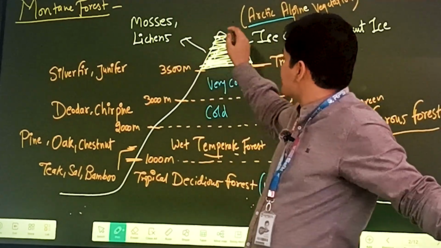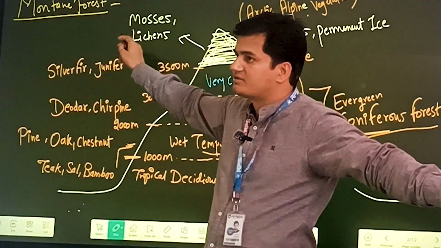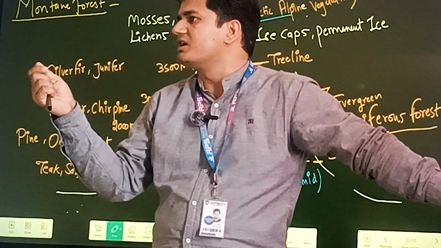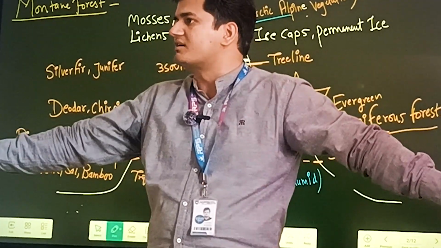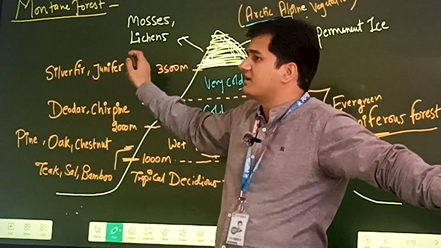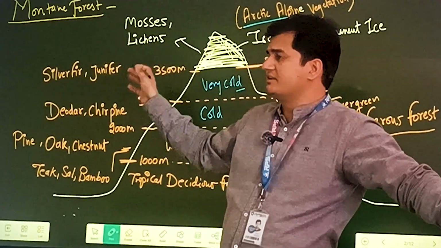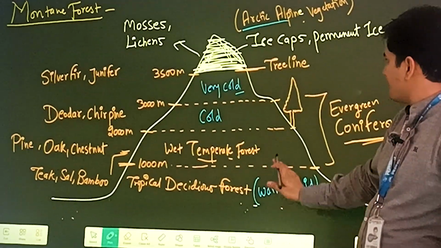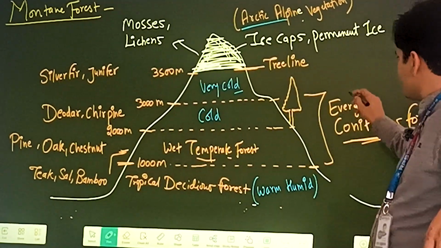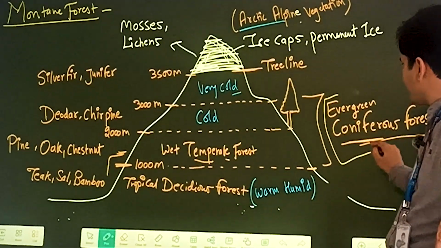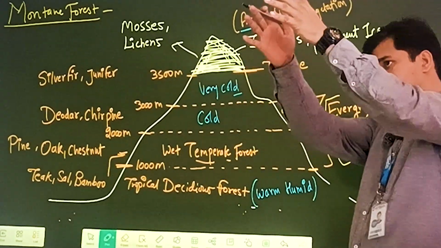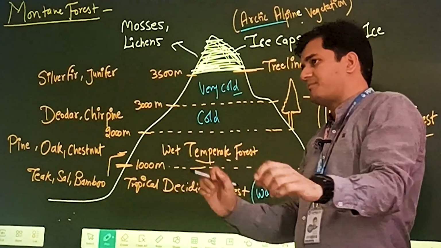Also some kind of vegetation called moss. Moss are the small vegetation of green color. They cover the surface with green color. Lichens are the fungus we can find in these regions. So this is the distribution of mountain forest, in which we have the special forest called evergreen coniferous plants. These plants have an inverted cone shape.